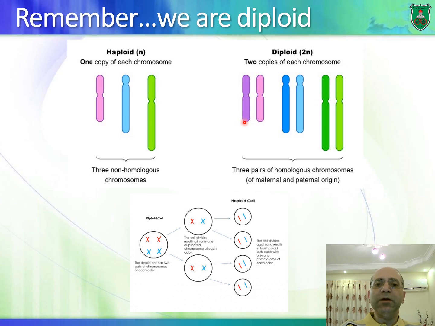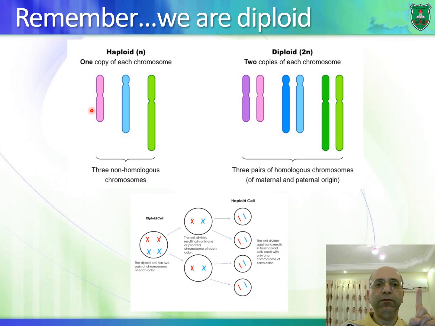One chromosome comes from the mother and the other chromosome comes from the father. These two chromosomes, we call them homologous chromosomes. Now, if I have this as an X structure, it is the same thing.